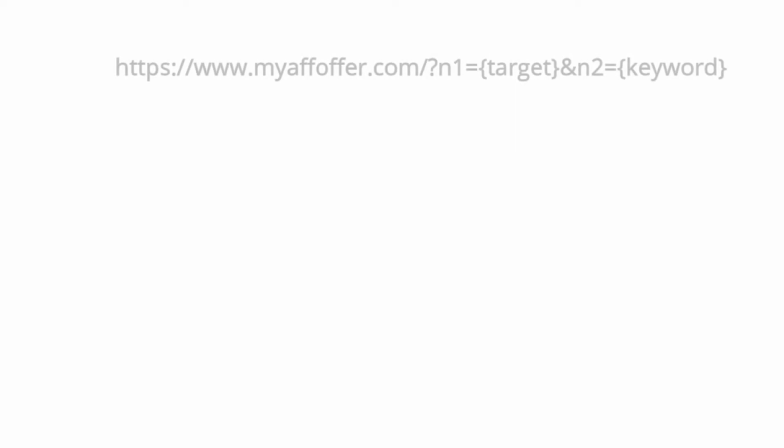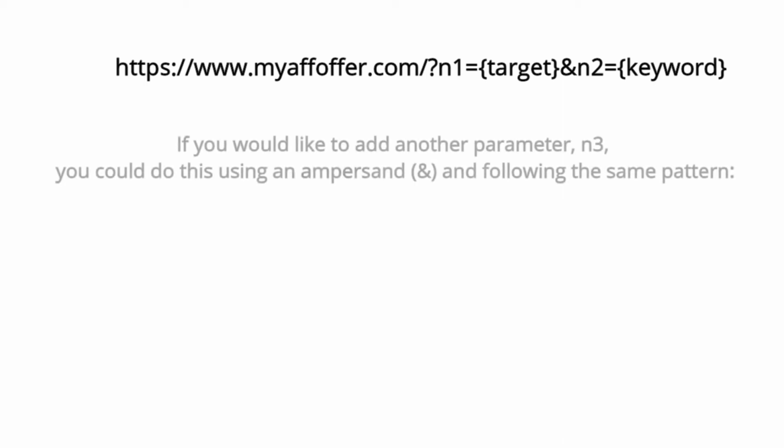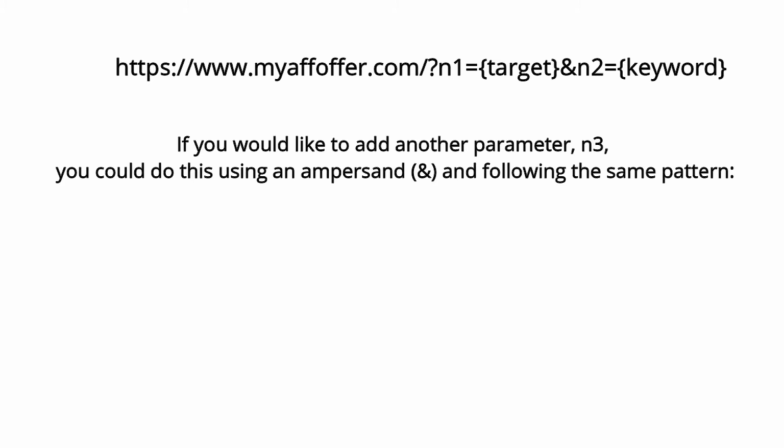Here is an example of how these tokens will look paired with the N1 and N2 parameters in your destination URL. If you would like to add another parameter like N3, then you can do so by using the ampersand symbol and following the same pattern. You can repeat this process until all your sub IDs are taken.